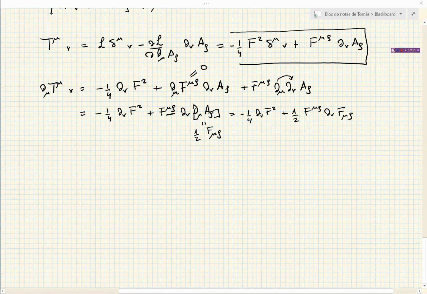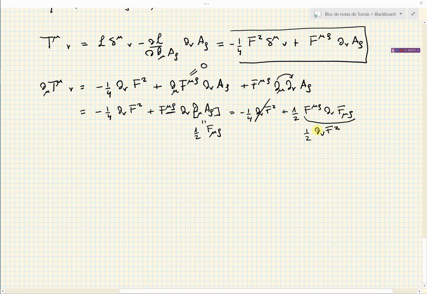Now this is just a half of partial_nu F squared, because you can raise and lower the indices of these F's inside of the partial derivative, and this means that this term and this term cancel automatically without using any equations of motion, so this is equal to 0. It is on shell because we have used the Maxwell equations here.